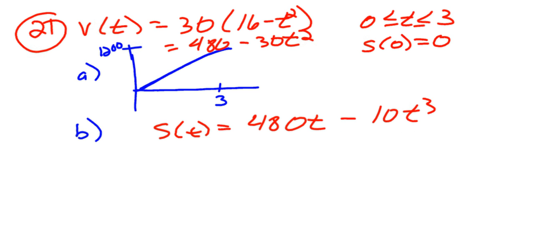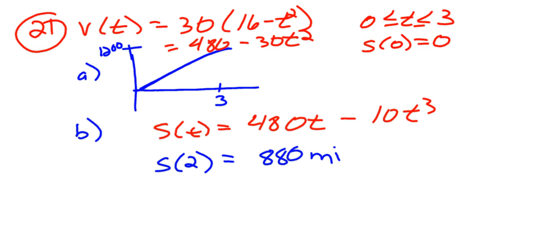So I can almost save myself that step, and I have that plus 0 at the end here. Now this is my position function, and they wanted to know when it was 2 hours. So I'm going to plug in 2 into this equation, and I should get 880 miles from where we started.